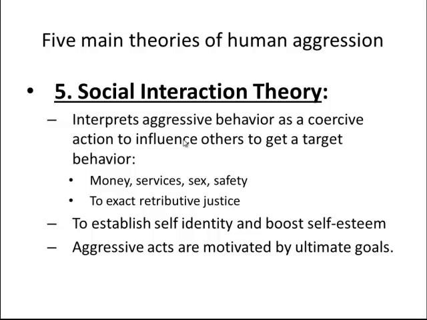Finally, there's the social interaction theory. This theory is the idea that aggression has a purpose for these people. Okay, they're violent to get money, to get services, to get sex, to get safety, to exact justice. It is instrumental in getting something, to establish a self-identity, to boost self-confidence.